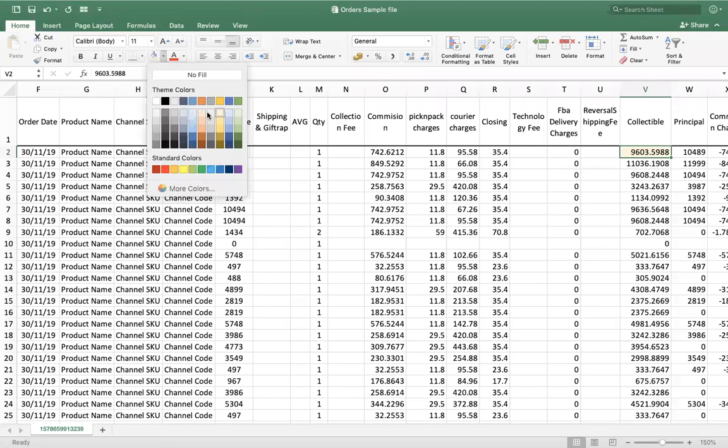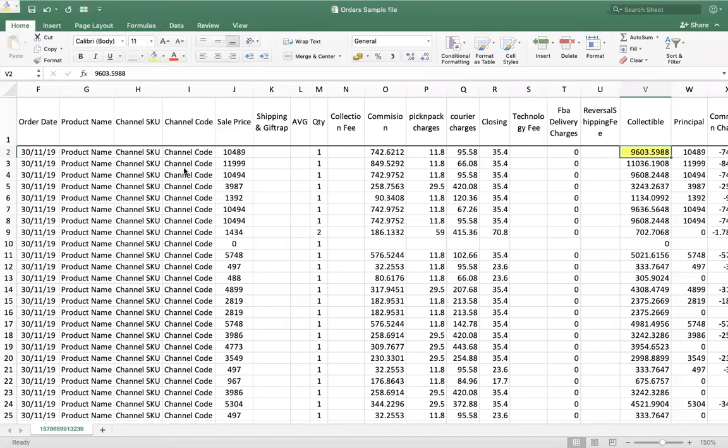I'll just highlight it for you to understand it clearly. So when you sell a product which is worth 10,489, as per the policies, you will be receiving 9,603 rupees.